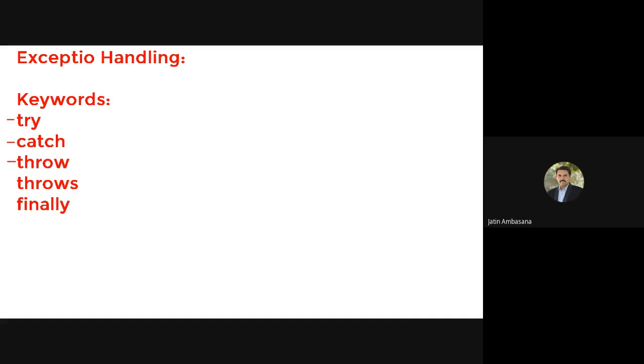Now, what all things else did you learn? You learned about exception types, right? There are checked exceptions and unchecked exceptions. These are the 2 types of exceptions.